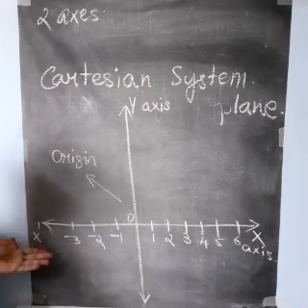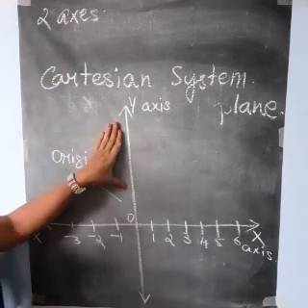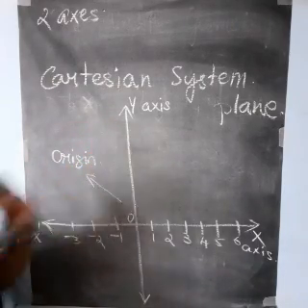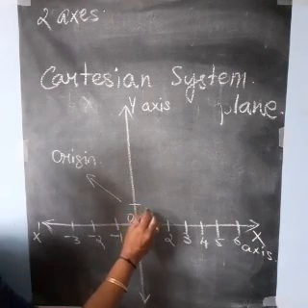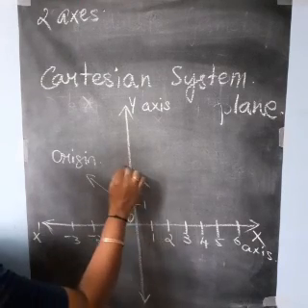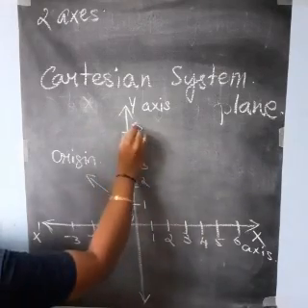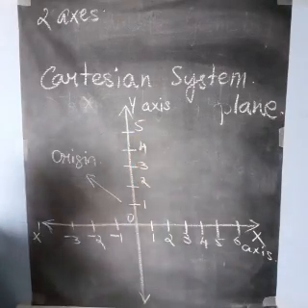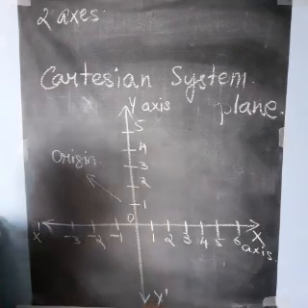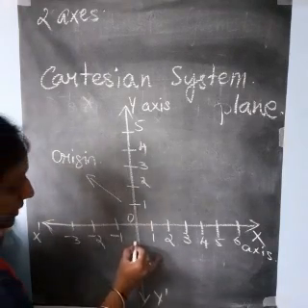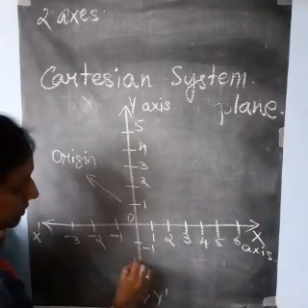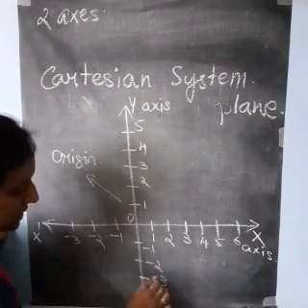This is y. The top part he gave as the positive axis: 1, 2, 3, 4, etc. And the negative axis was called y dash.